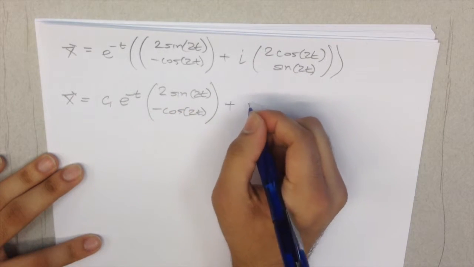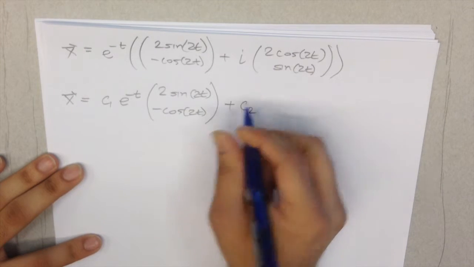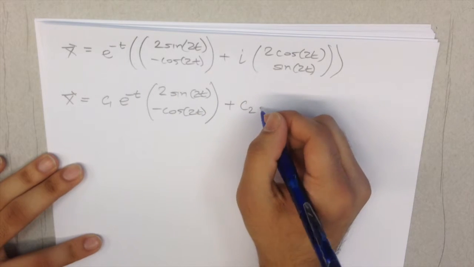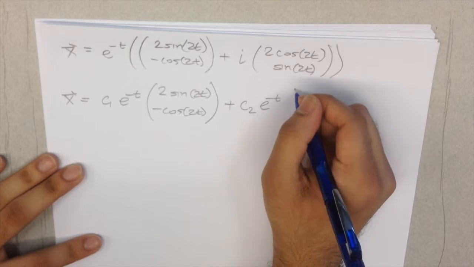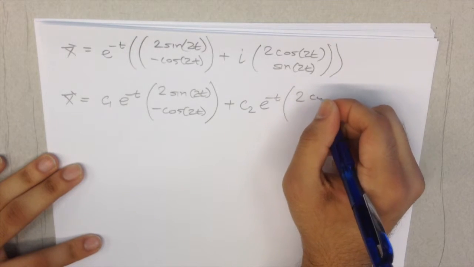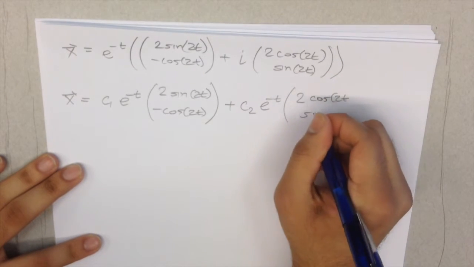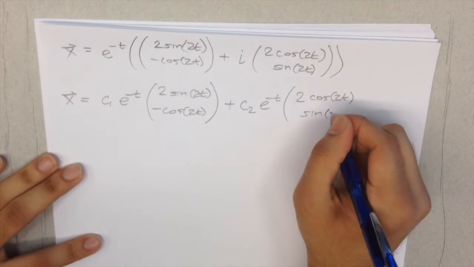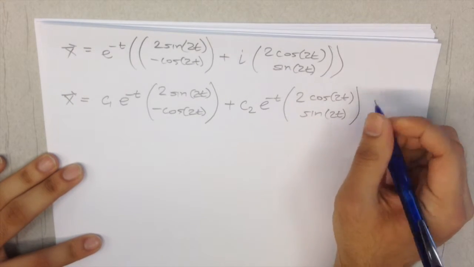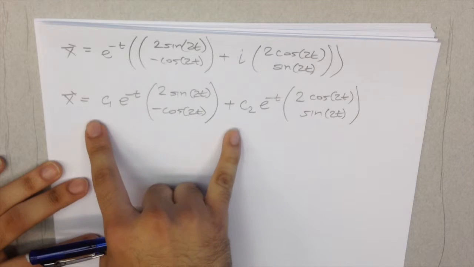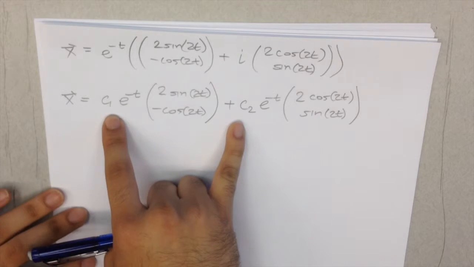Then, by linear combination, we add c2 times e to the negative t times 2 cosine 2t sine 2t. This gives us the linear combination we care about.